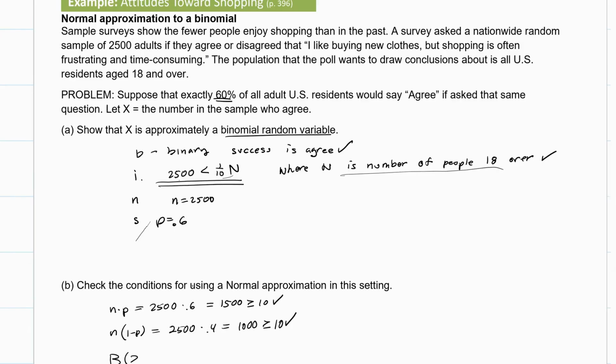binomial 2,500, comma, 0.6 can be approximated by using the normal distribution with 1,500 being the mean, because that's the expected number. And what is the standard deviation of this? The square root of 2,500 times 0.6 times 0.4.